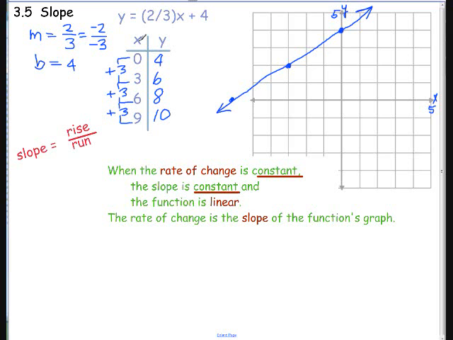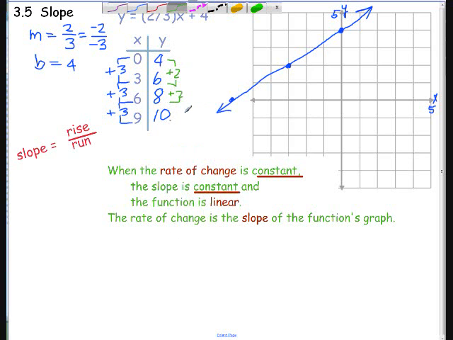So as we increase by the same amount, what happens over here? Maybe I'll change color just to make it clear. We are going from 4 to 6, that's a plus 2. And then from 6 to 8 is a plus 2.